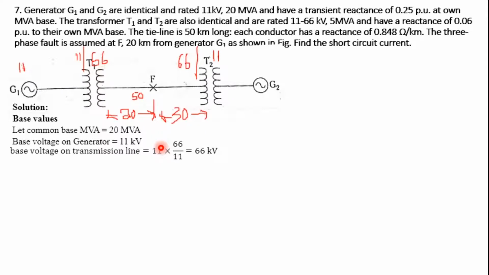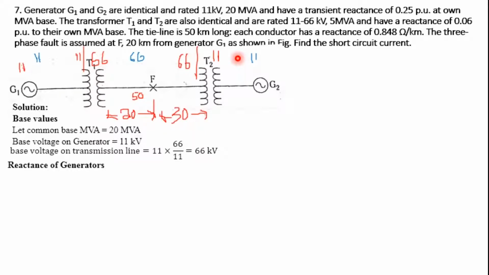Similarly, the base voltage on the transmission line side is equal to the low voltage side base times the high voltage rating of the transformer divided by the low voltage rating of the transformer, so I'll get 66 kV. Old value is 11, new value is 66. G2 also will get 11 kV.